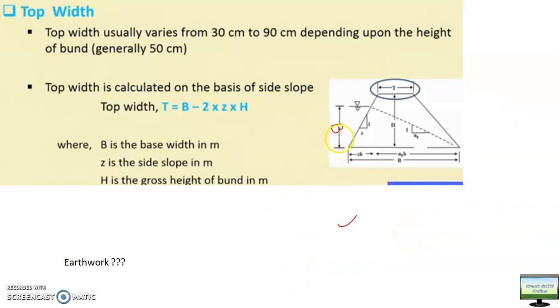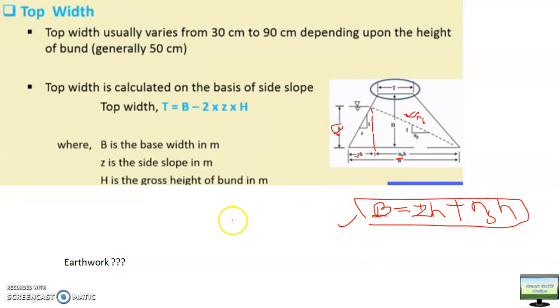Here you know the H, which is the depth of impounding water. This will become Z into H, and suppose the side slope is NS into 1. So this height will become NS times H, because the slope of the seepage line is NS. So what will be the value of base width? Base width will become Z times H plus NS times H. So this will become the total base.